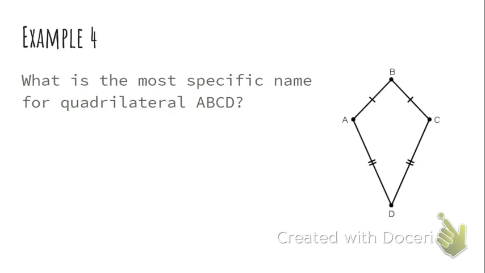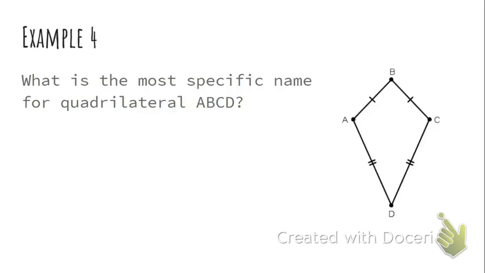On example 4, what is the most specific name for quadrilateral ABCD? I'm hoping this one's fresh in your mind and pretty easy. We do not have opposite sides congruent to each other. We only have adjacent sides congruent to each other. Since opposite sides are not congruent, it is not a parallelogram or any type of parallelogram.